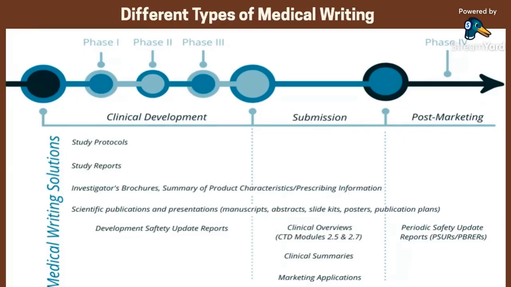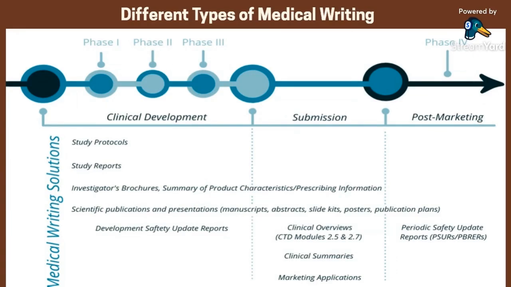In the US we have the US FDA, and for all EU regions we have a regulatory body called the European Medicines Agency, which is heading in Europe. So for different countries or regions, there are different regulatory bodies.